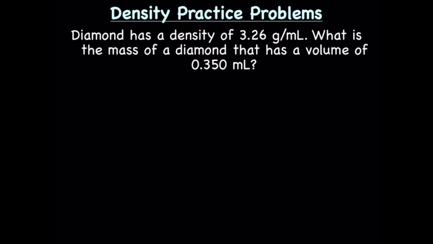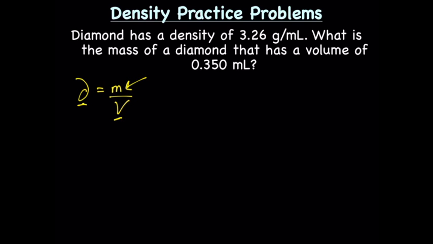Okay, let's try one more problem. So we have diamond has a density of 3.26 grams per milliliter. What is the mass of a diamond that has a volume of 0.35 milliliters? All right, so we're going to use the same equation, which is density equals mass over volume. But this time, we know density and volume, and we're trying to calculate mass.